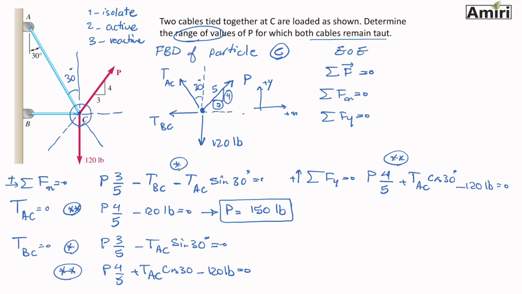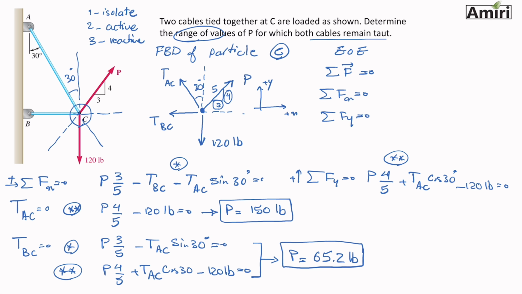I only have two unknowns, two equations. I know how to solve these type of equations, whichever method you prefer, matrices, substitution, elimination. You will get P equal 65.2 pounds. So if my P is 65.2, it causes cable BC to be 0.